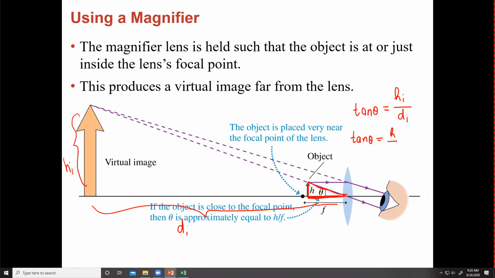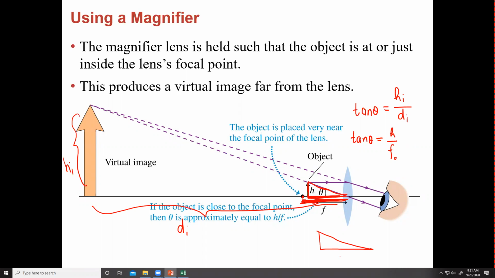Now we already said that we usually place the object pretty close to the focal point. This is the focal point. So we can just approximate that this distance is the focal length. It's not exactly focal length, but since it's pretty close to the focal point, we can assume that. This is the adjacent, I usually call this distance the base in a triangle.